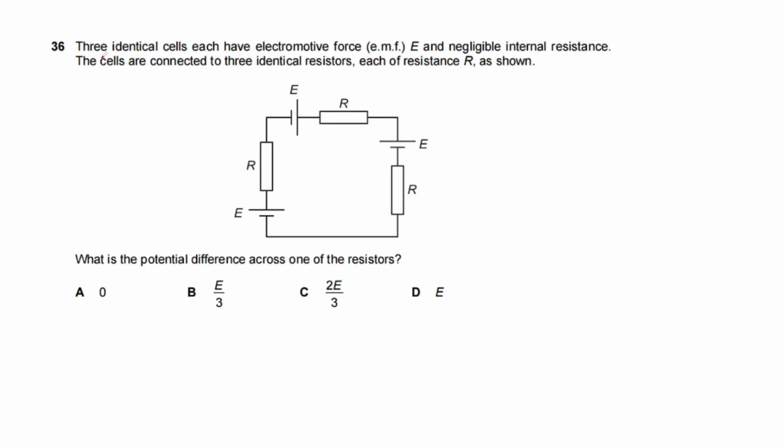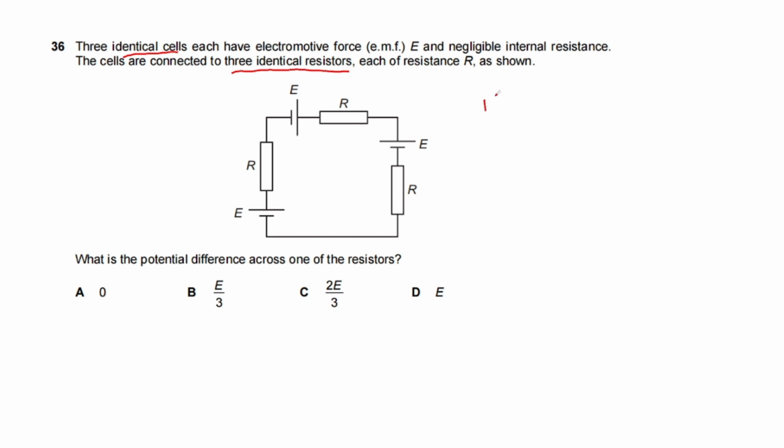Question number 36. Three identical cells, each having electromotive force EMF E and negligible internal resistance, are connected to three identical resistors, each of resistance R, as shown. What is the potential difference across one of the resistors? Here you may find there is some change in the cells' connection. Let's figure out how the cells are connected.